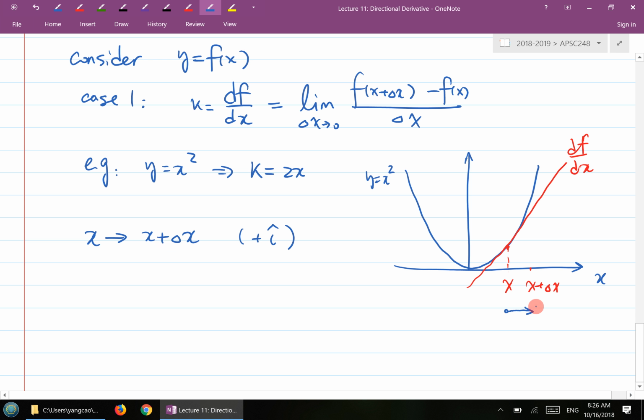And this change resulted in a slope of 2x here. If I plug in x equal to 1, then my slope k equals 2. So we all know k equal to 2 basically means at this location, if you go from x slightly to the right, which is the i hat direction, then because it's a positive number, you would expect there will be an increase in this function f.